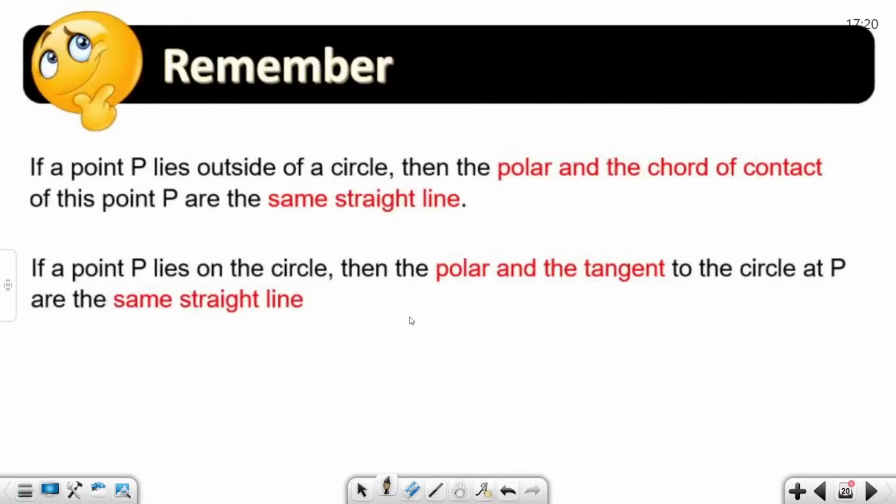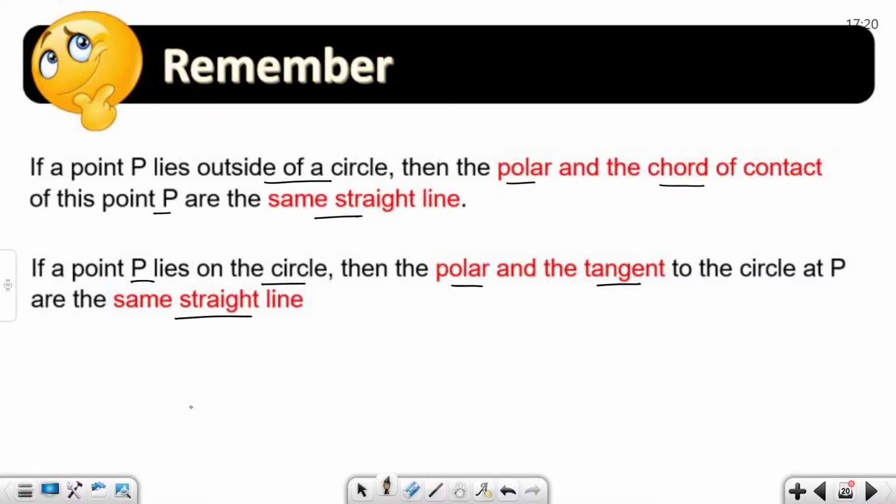So I have simply summarized this thing here. If point P lies outside a circle, the polar and the chord of contact of this point P are the same straight line. If the point P lies on the circle, the polar and the tangent to the circle at P are the same straight line.